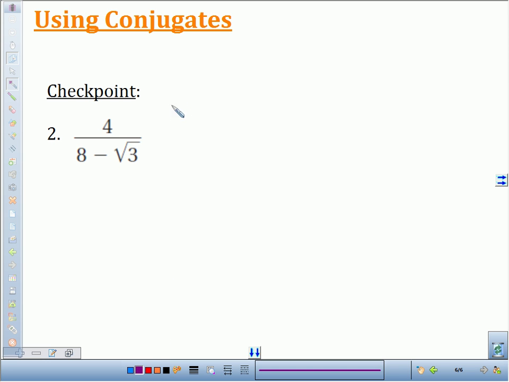And we want to multiply by the conjugate. The conjugate of 8 minus the square root of 3 is 8 plus the square root of 3. So I multiply 4 by 8 plus the square root of 3. And I multiply the bottom, 8 minus the square root of 3, by 8 plus the square root of 3.